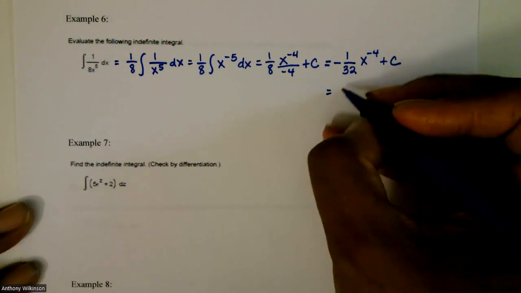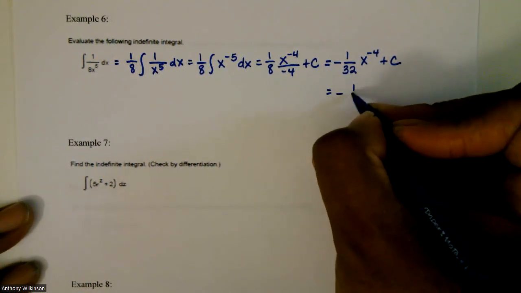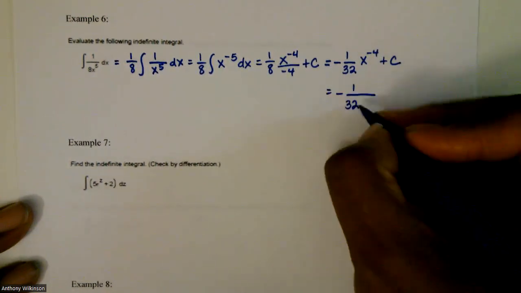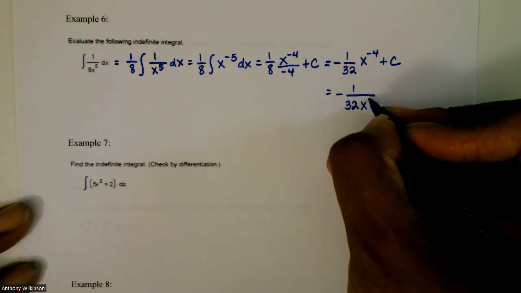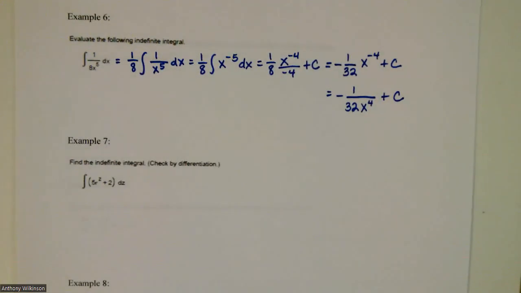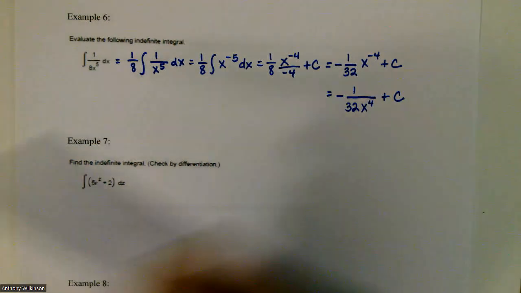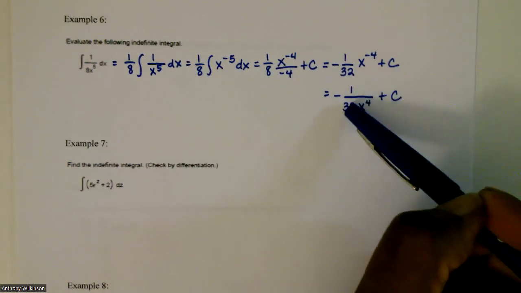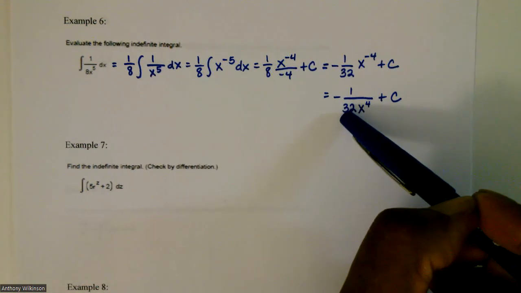Also, I can write this using positive exponents: negative 1 over 32 x to the 4th plus c. I'm not sure how your MyMathLab wants you to give your final answer. They might want it like this, or they might want it like this.